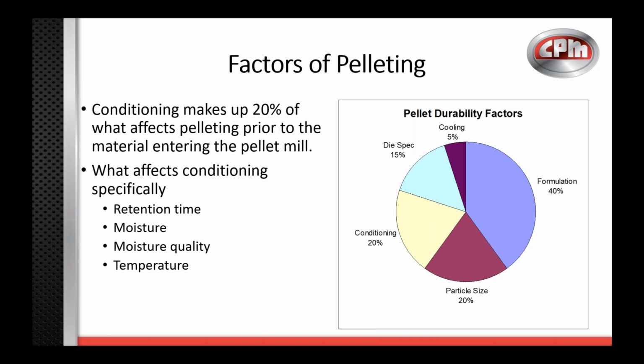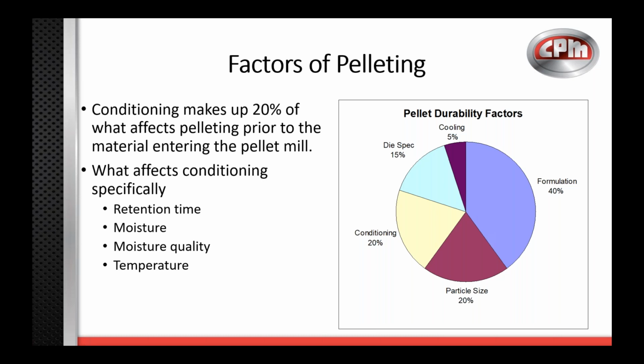And some of the things that go into affecting conditioning specifically would be retention time, or how long the material is in the conditioner, then moisture, whether that be steam addition or liquid addition, the quality of that moisture, and we won't get too detailed on this because we feel that it's its own topic, and there's a lot of different opinions on sizes and orientation of steam or liquid.